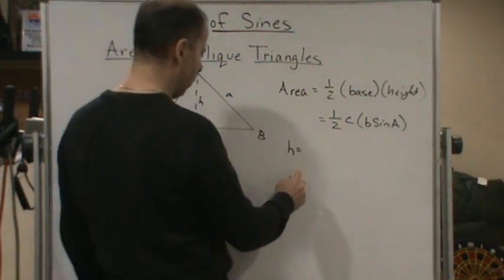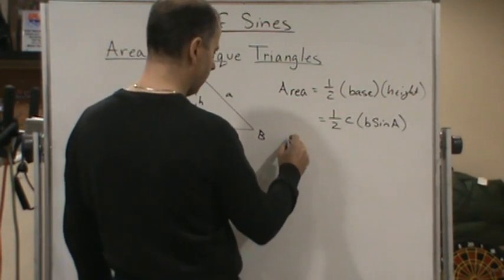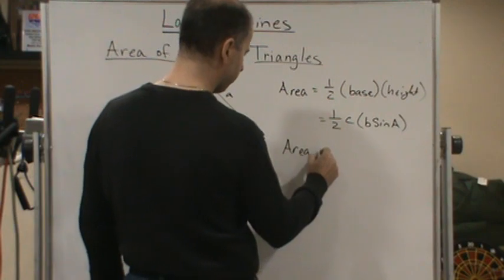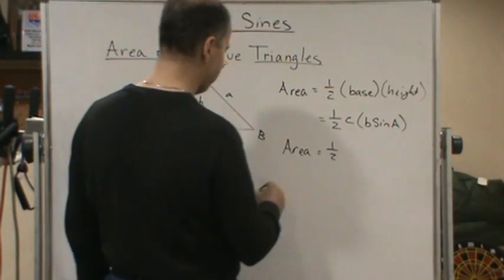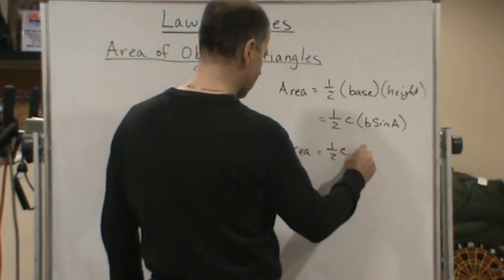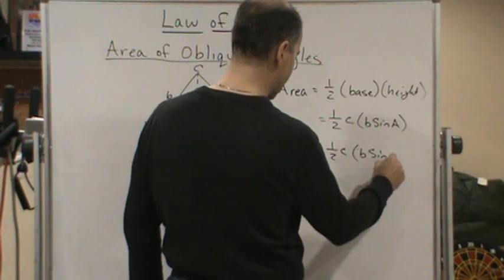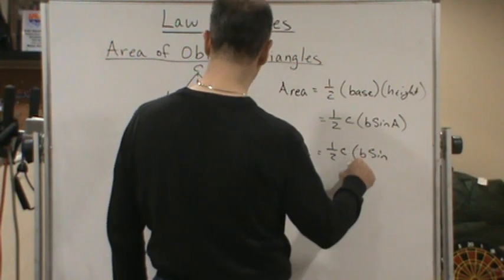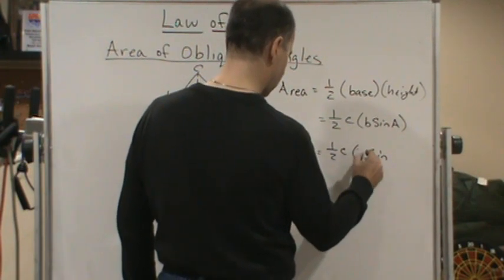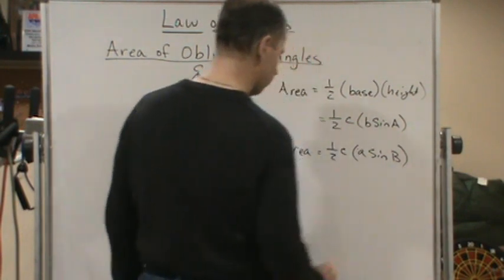And so we could say, not h, but the area equals 1/2 c times a sine B.